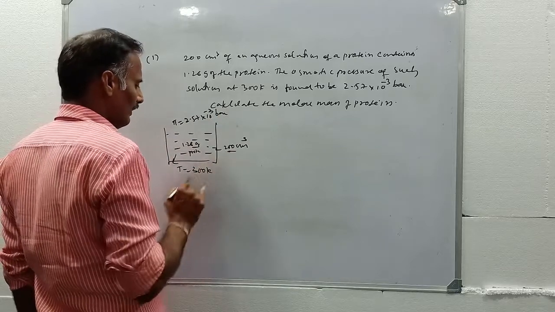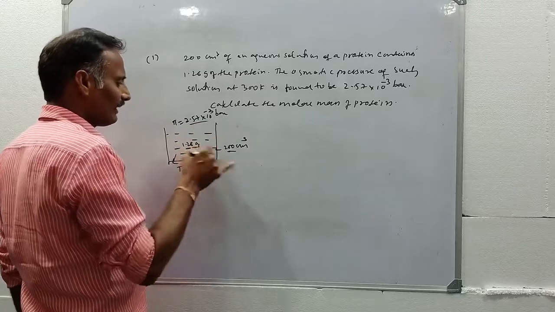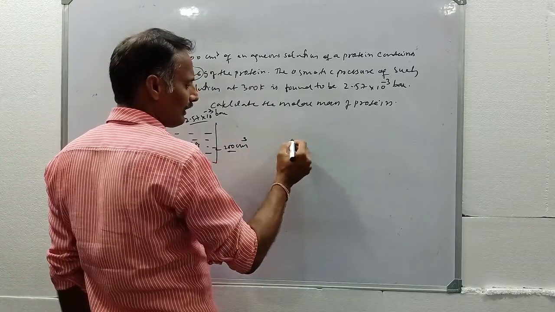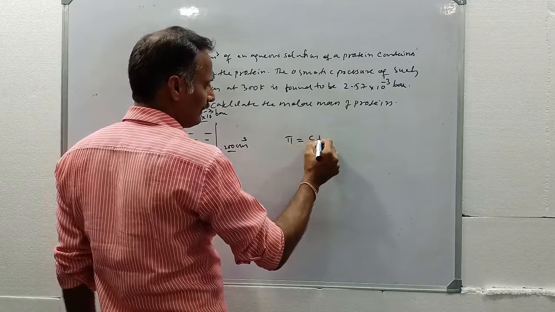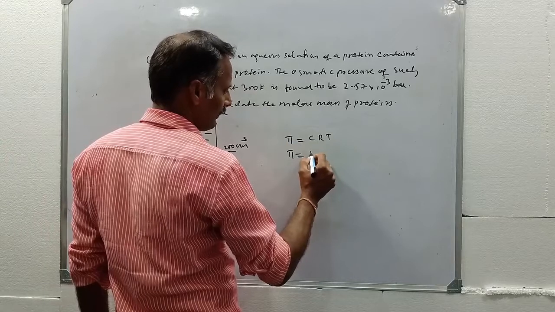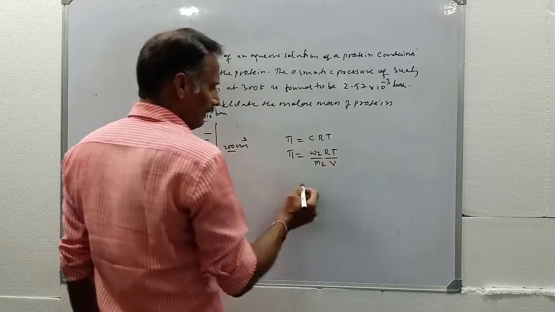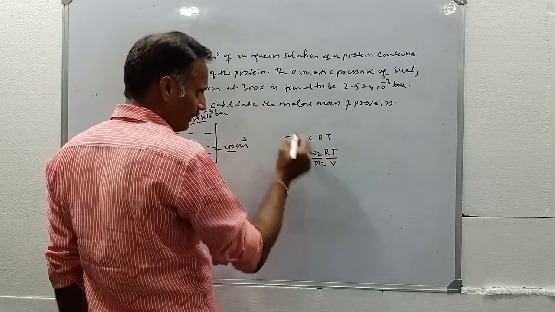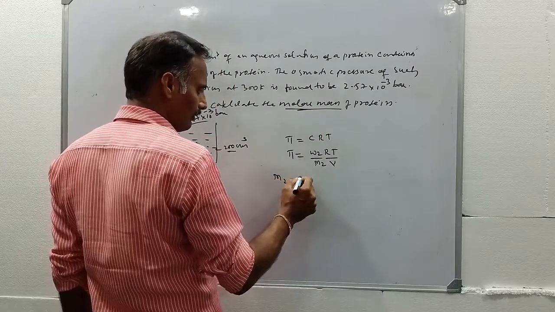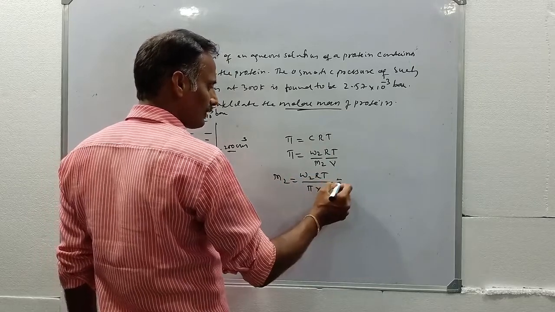Here the volume is given, the mass of protein is given, the temperature is given, and the osmotic pressure is given. You find out its molar mass. You know the formula π equal to C into R into T, where C is W2 by M2 into V. So π equals W2 RT divided by M2 V, and we calculate molar mass: M2 equals W2 into RT divided by π into V. Substitute all the values.